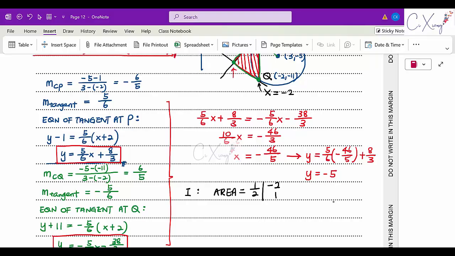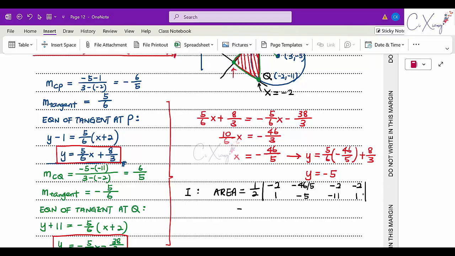This is the coordinate for P. The next point is the intersection point, negative 46 over 5, and the y coordinate is negative 5. Then the point Q is negative 2 and negative 11. Then I repeat the point P again. If P is the starting point, then it should be the ending point as well.